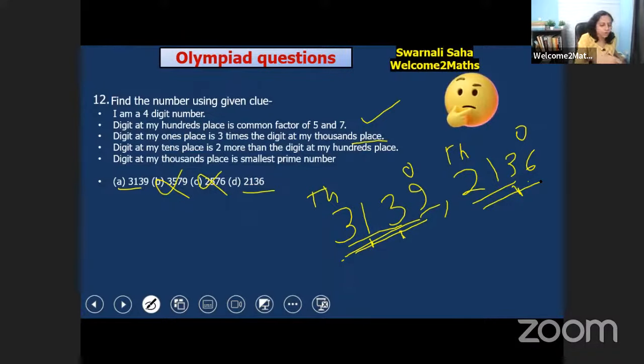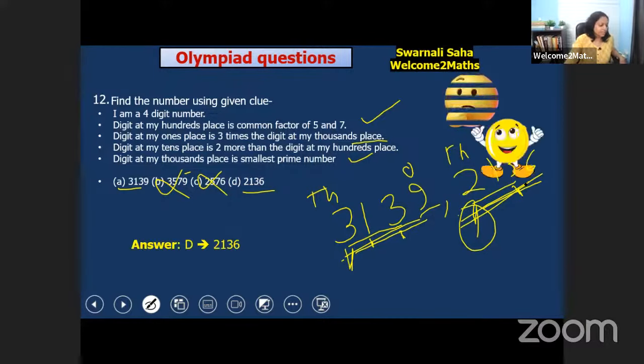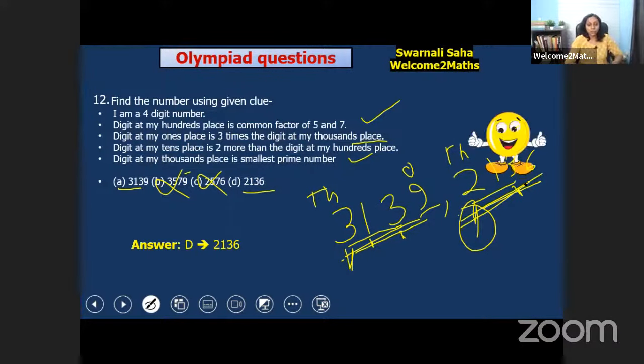Let's read the last clue. The digit at my thousand place is the smallest prime number. So let's check the thousand place. Here is 2, and here is 3. Do you know which is the smallest prime number? It's 2. 2 is the smallest prime number. So the answer would be 2136. D is the answer, 2136.